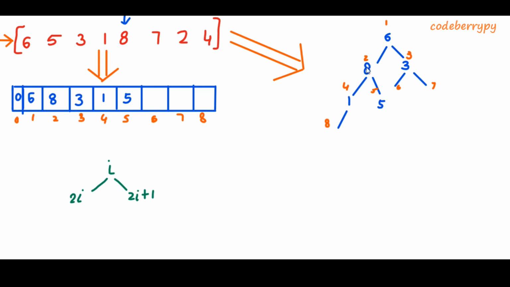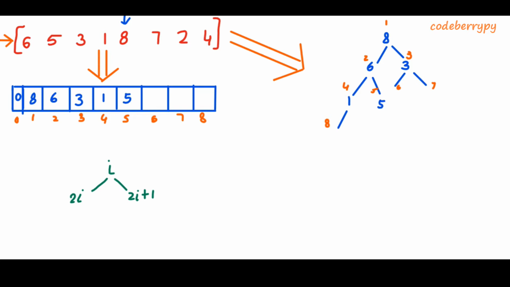That is, the root is lesser than 8. So again, we will have to bubble it up. 8 will come at position 1, and 6 will come at the position of 8. So we now see that the heap property is restored.